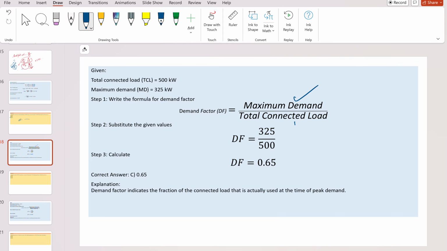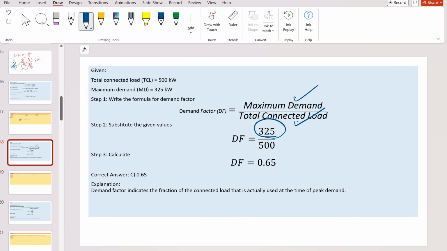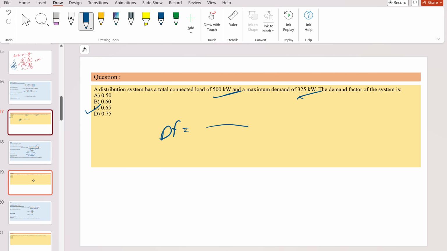So here also maximum demand divided by total connected load. Maximum was 325, which is already given, and 500 was the total connected load. When you divide, it will come out to be 0.65. So option C is correct.